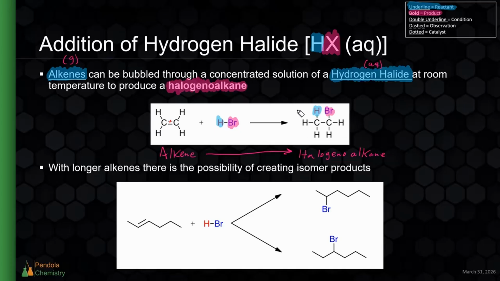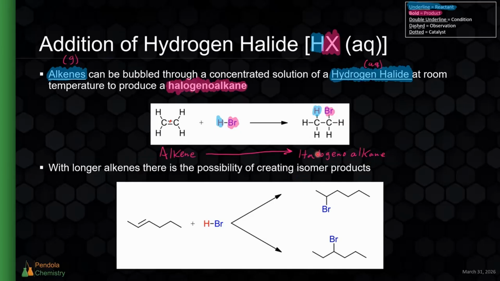Now, why did I mention that it's important that this particular reactant that we're adding has two different atoms, not just both hydrogens that we saw earlier, but in this case, a hydrogen and a halogen? Well, because of this, with longer alkenes, we're going to have the possibility of creating isomer products.